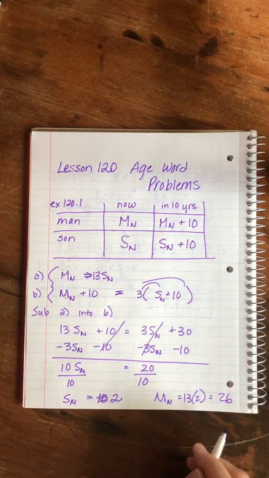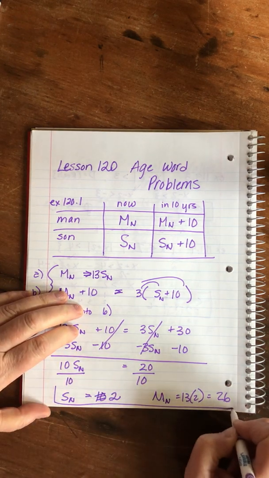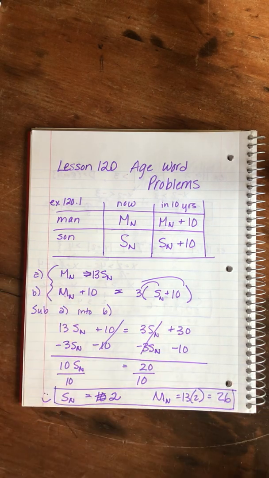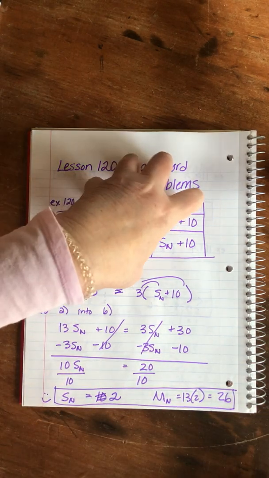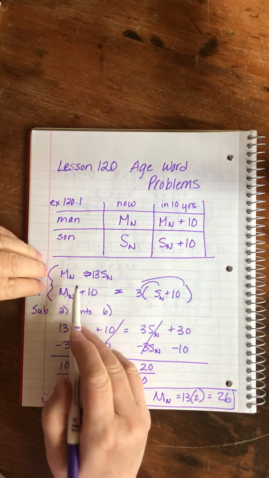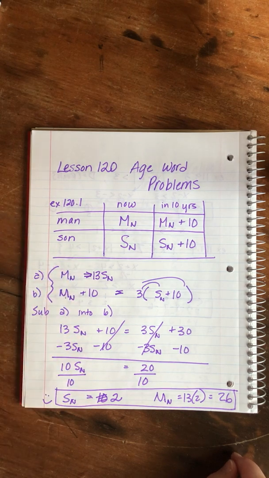And those are the correct ages, right? Yes, 2 and 26. Yay. So these are my answers. There's the first example. This chart helps us organize how our variables work, and then we do this basic kind of equation writing and then solving.